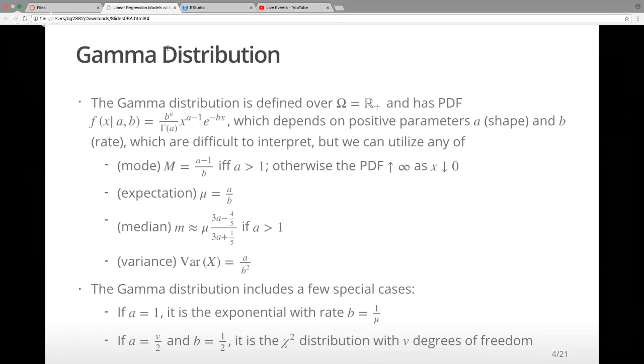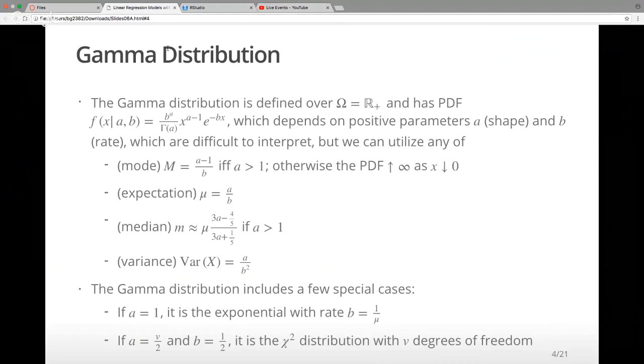But anyway, the median is pretty much a linear function of the expectation, so that's going to be between the mode and the expectation. Also, the variance is equal to a divided by b squared. So if you pick any two of those, you ought to be able to solve for a and b that is consistent with what you believe about x.